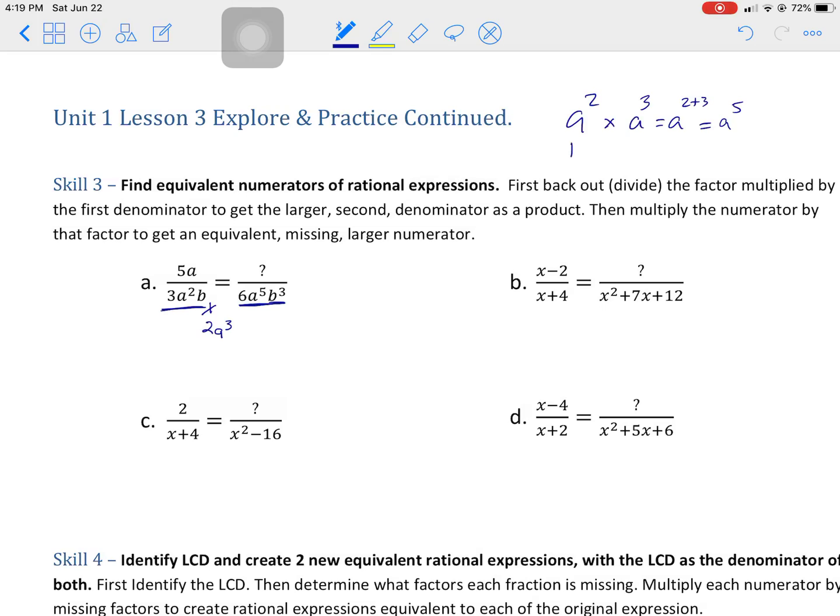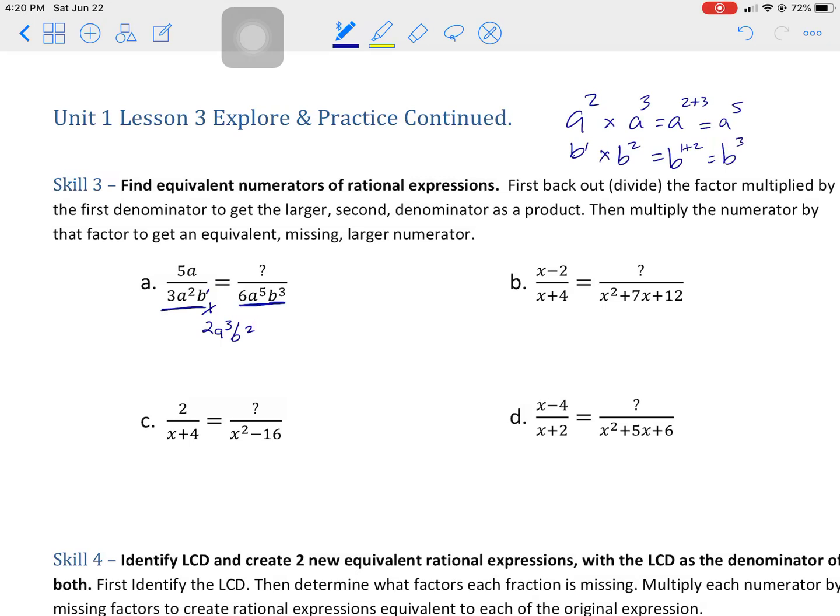And then to go from b to the first to b to the third, this b is a b to the 1, right? We needed 2 more. So b to the 1 times b to the 2 is b to the 1 plus 2, or b to the third, okay?